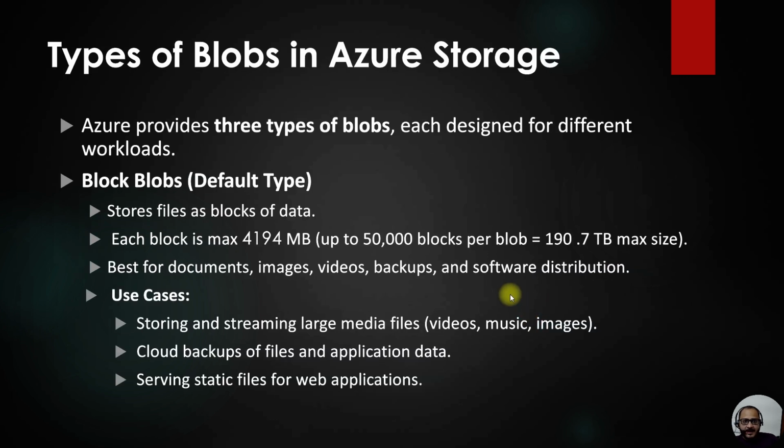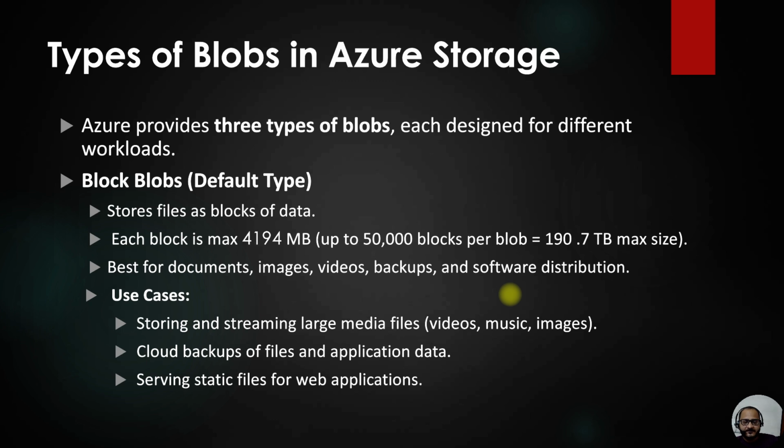Then there are different types of blobs we get as part of the blob storage service. Basically three types of blobs we get. The very first is block blobs. This is basically the default type, and most of the time we will use the block blob type.